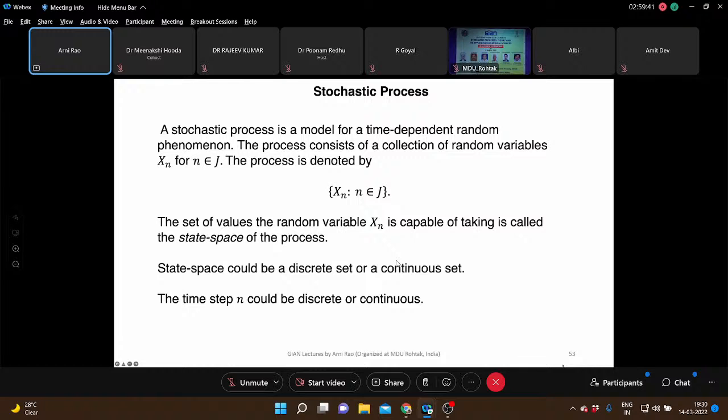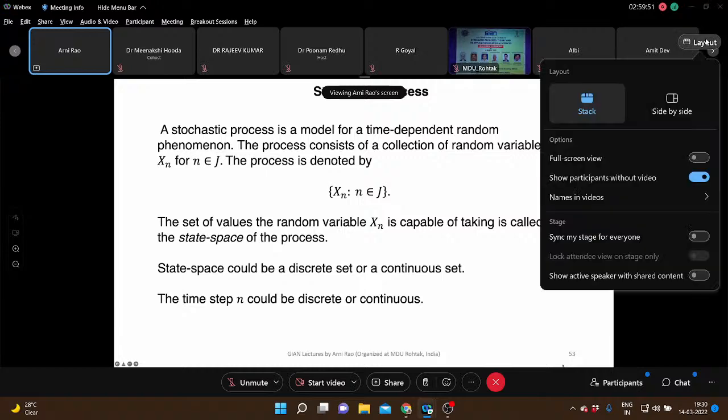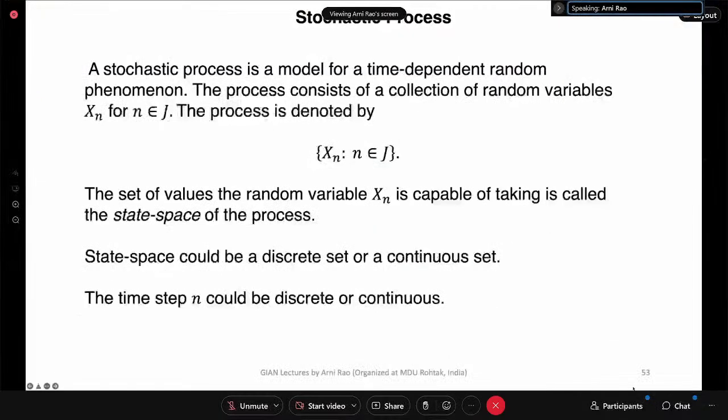As we continue, someone asked a good question about going to a cinema hall. The number of seats in a cinema hall is finite. Suppose the tickets are issued to us randomly.